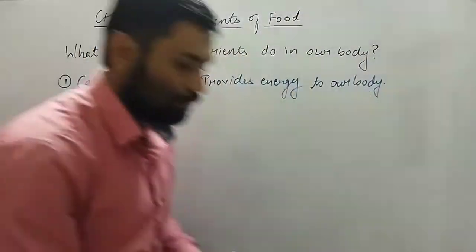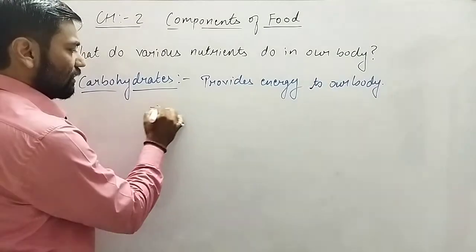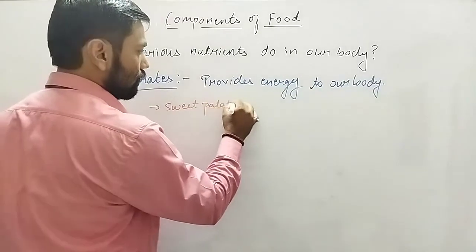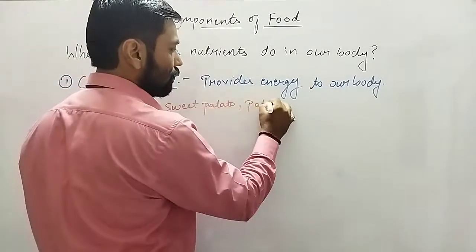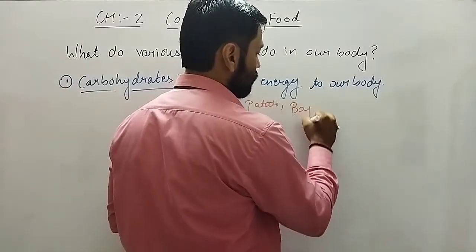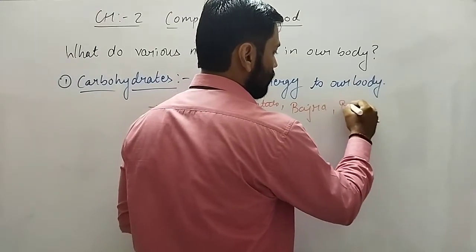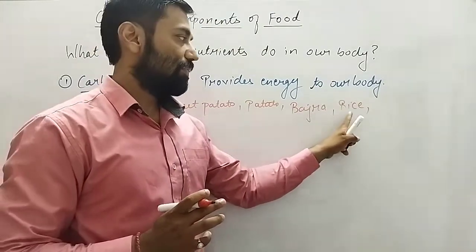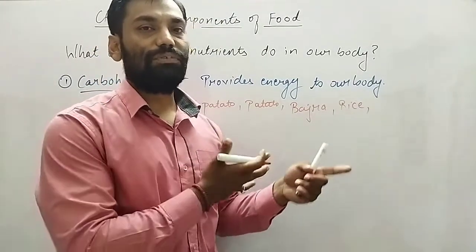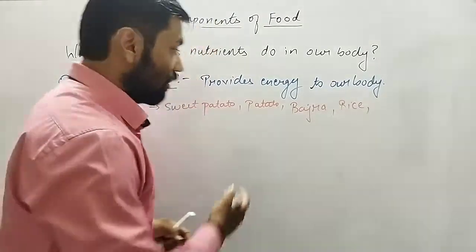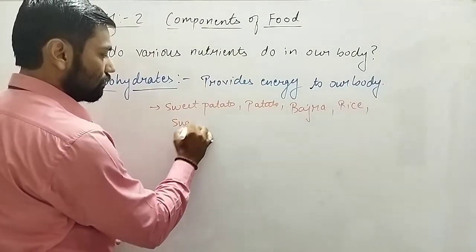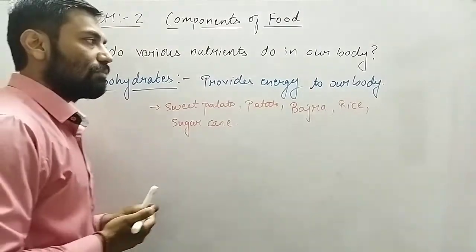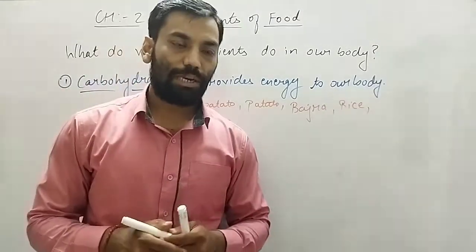Some examples are sweet potato, bajra, rice. We have already performed the test for starch, and of course starch is one type of carbohydrate. Along with that, sugarcane.